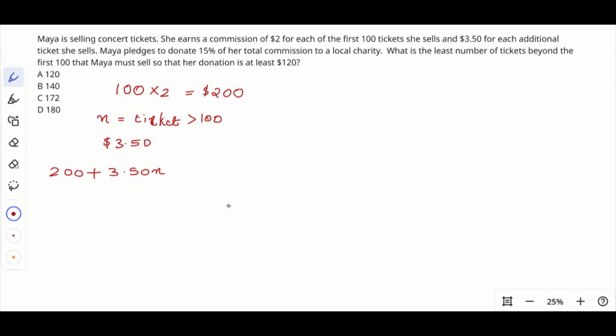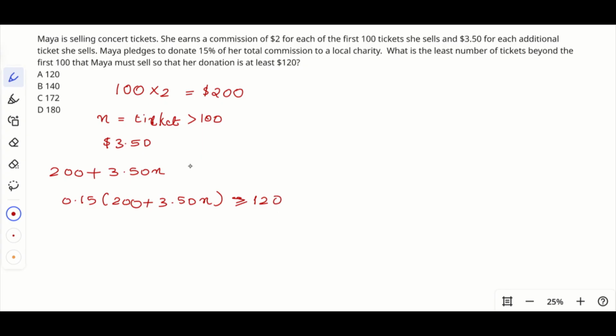All right. And she mentioned that she donates 15% of her total commission to charity. So she wants her donation to be at least 120. So we can write the inequality now. 15% will be 0.15 into 200 plus 3.50x is greater than or equal to $120.